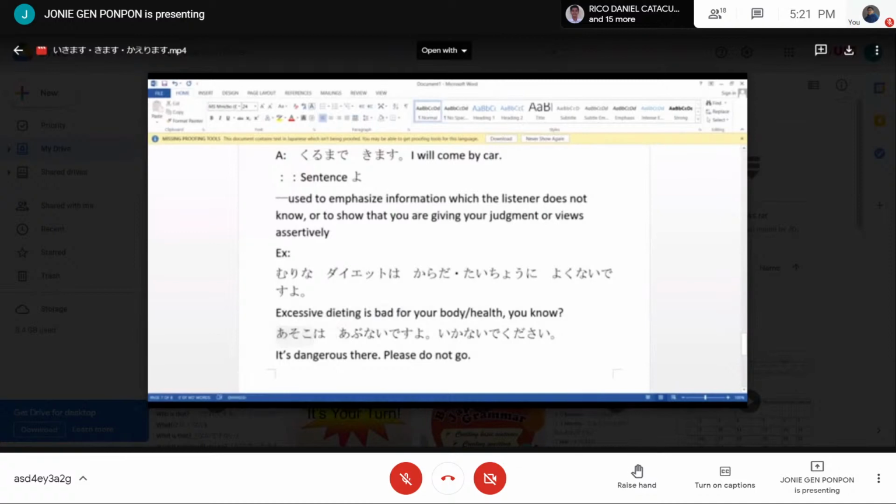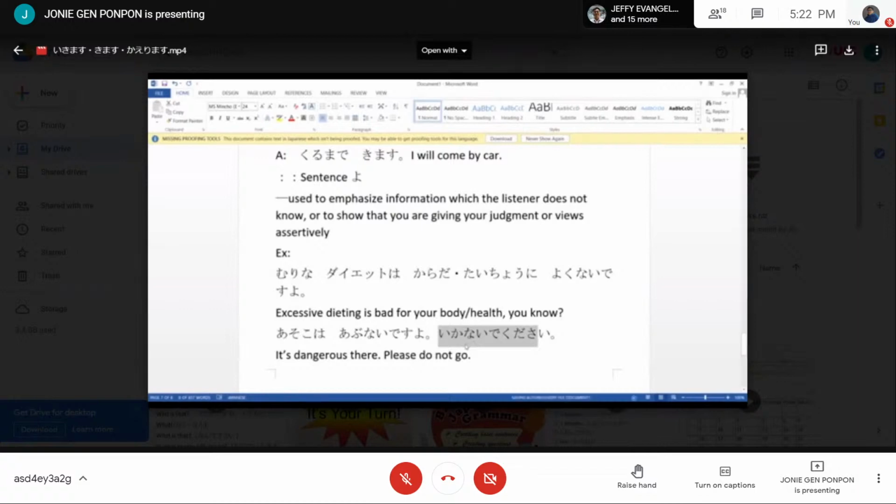Okay, so asoko is there. Then abunai is an adjective for dangerous. Then ikanai de kudasai is the nai form of the verb to go. As you can remember doon sa mga nai form natin, since it is a negative and then te form, para siyang sinabay yung nai form tsaka te form.